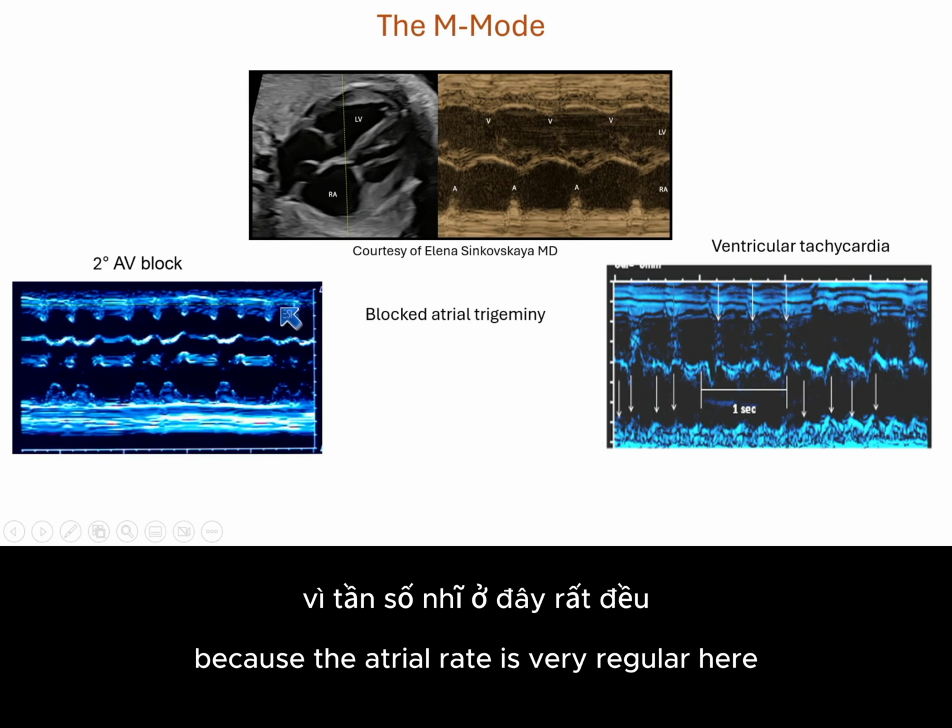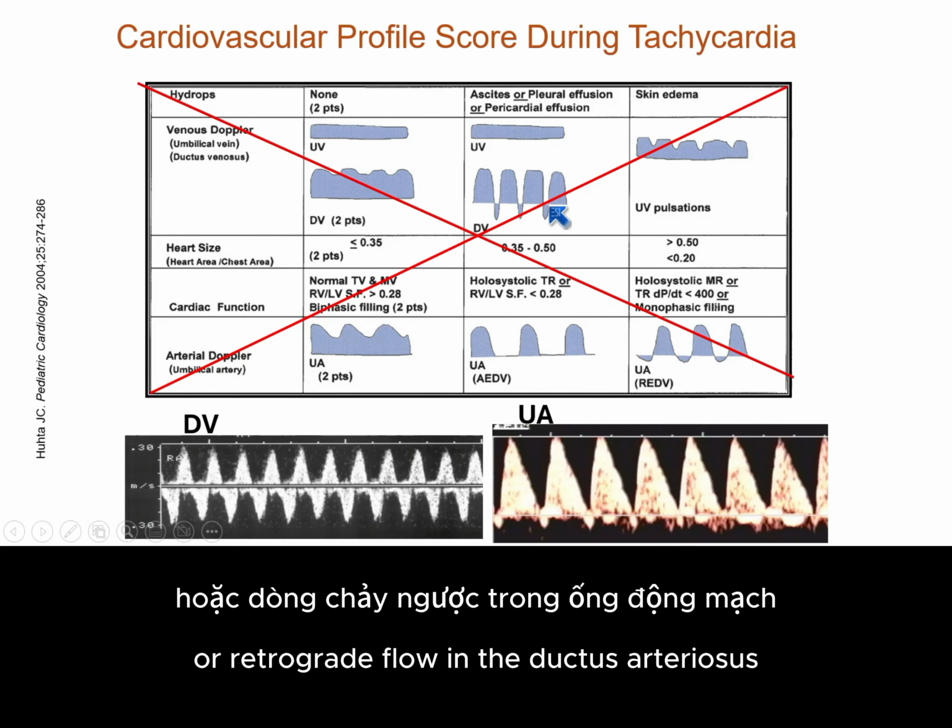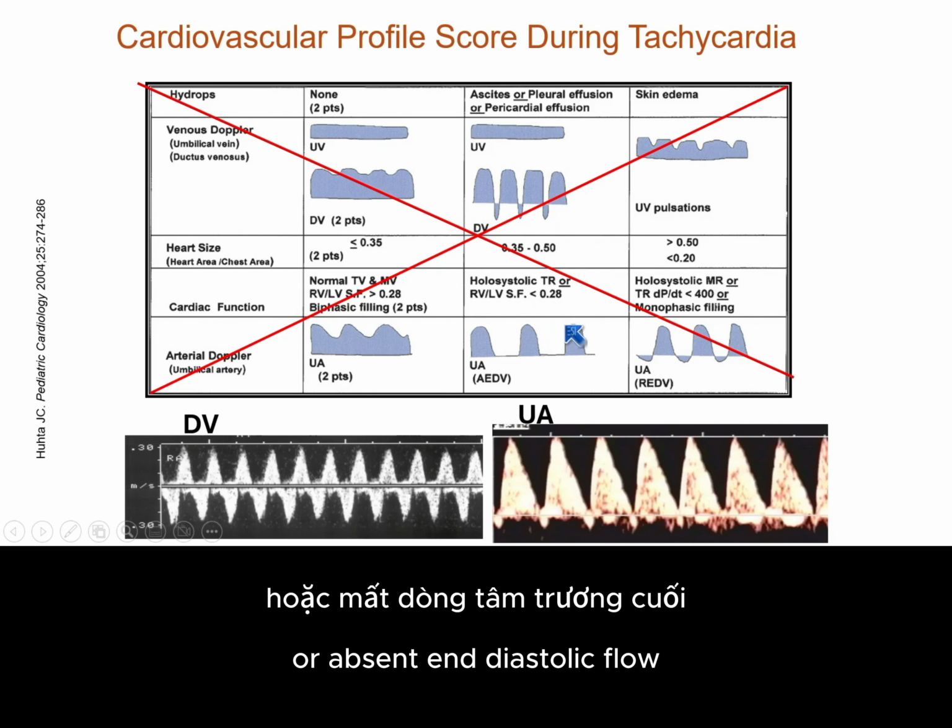One thing I think that's really important is that many of you use the cardiovascular profile score to see how well a fetus is doing. We know that in this cardiovascular profile score, one of the big signs of a fetus not doing well is umbilical venous pulsations or retrograde flow in the ductus arteriosus or absent end diastolic flow.